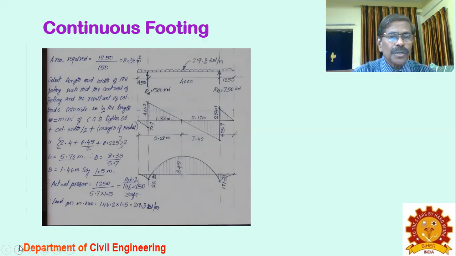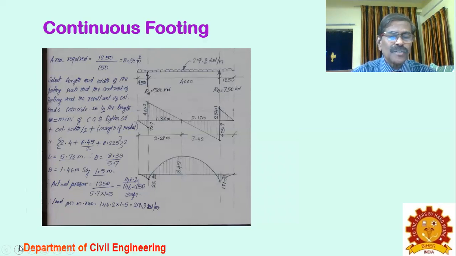The CG of the loading should match with the CG of the soil upward pressure. You get a length, then you get a width. Because the length is fixed now based on the CG, if you divide by that, then you get the width of the footing, which will be 1.46 meters, say 1.5 meters.